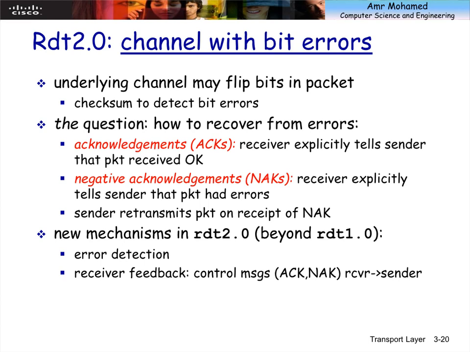And when it receives something in error, it sends negative acknowledgement. Okay? There are multiple ways to do this, but that's one of them. And we will see later on that we can eliminate the negative acknowledgement altogether.